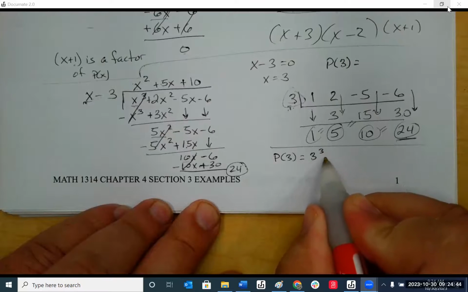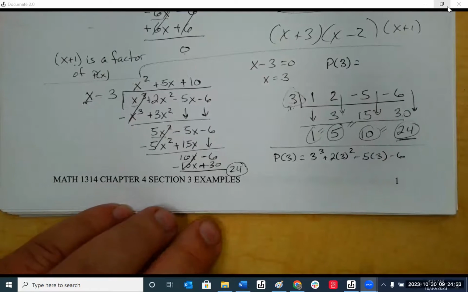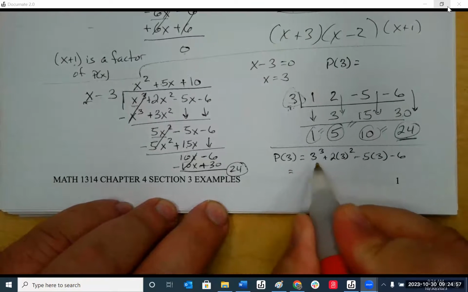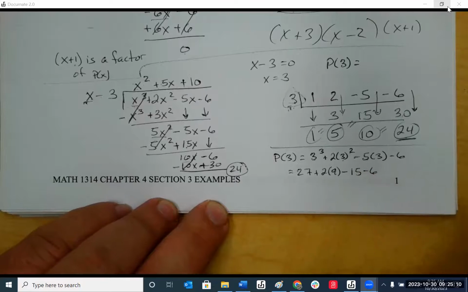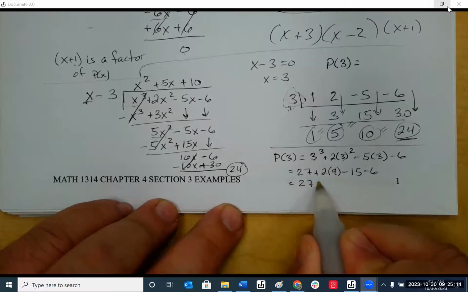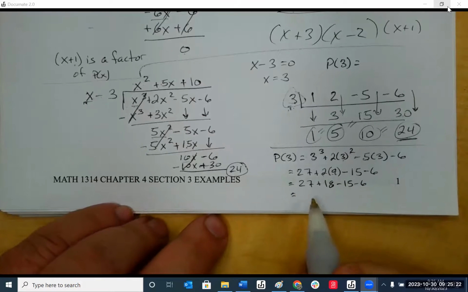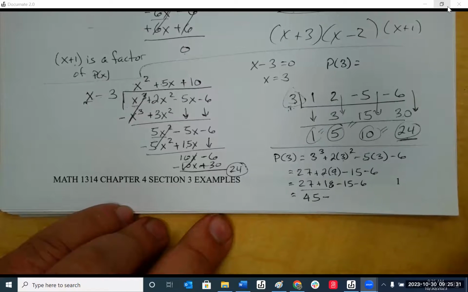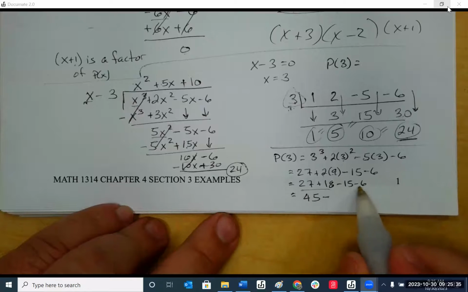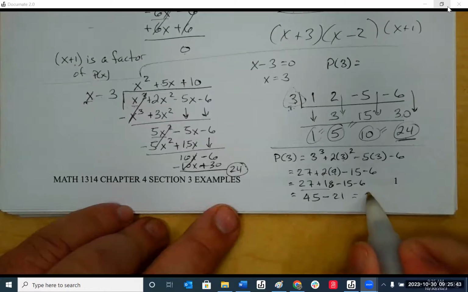We got 3 cubed plus 2 times 3 squared minus 5 times 3 minus 6. 3 times 3 is 9, times 3 is 27. 3 squared is 9. 5 times 3 is 15. 2 times 9 is 18. 27 plus 18 is 45. 15 plus 6, they're both negative, so it's 21. 45 minus 21 is 24.